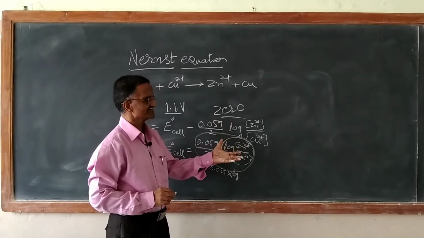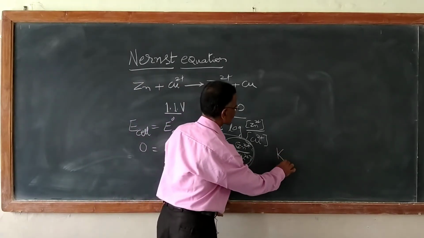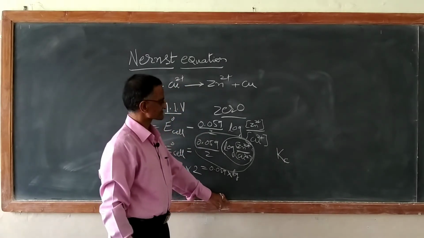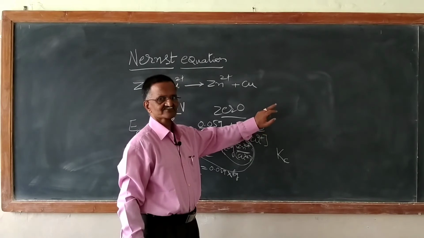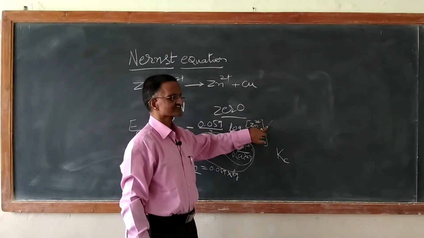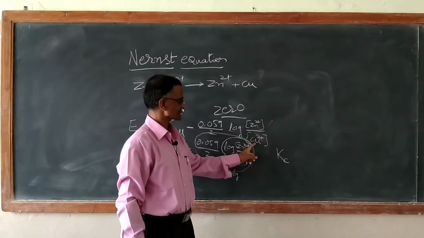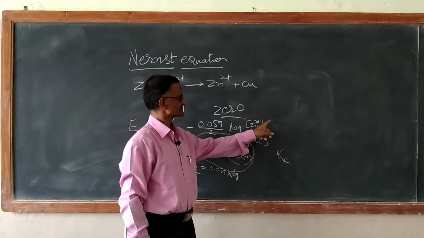It is nothing but Kc, the equilibrium constant. Because for Zn2+ and Cu solid, and Cu2+ and Zn, the concentration of the solid is 1. Unity gets cancelled.